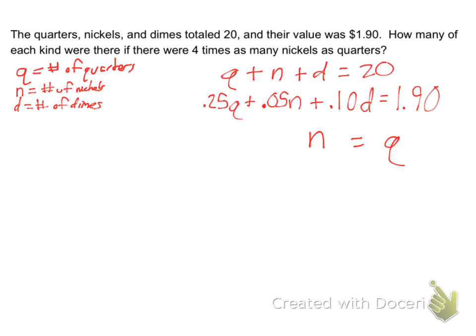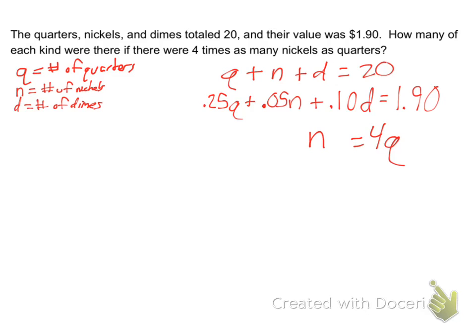There's 4 times as many nickels as quarters. 4 times the number of quarters will tell you how many nickels there are, because there's more nickels than quarters. If I have 1 quarter, I will have 4 nickels. 2 quarters, I'll have 8 nickels. 3 quarters, 12.